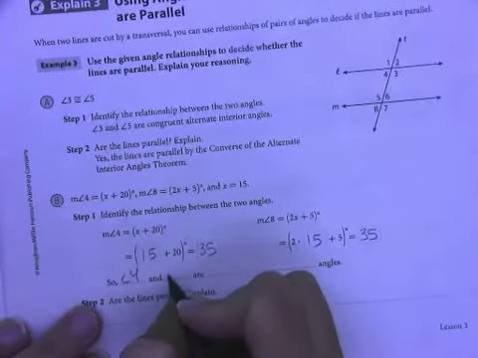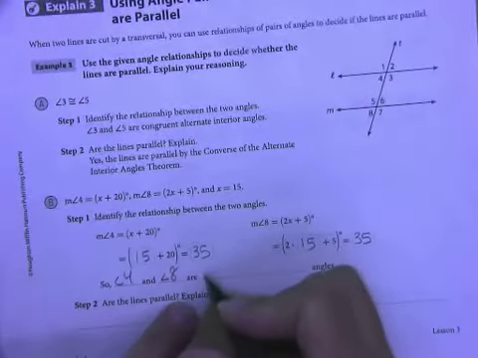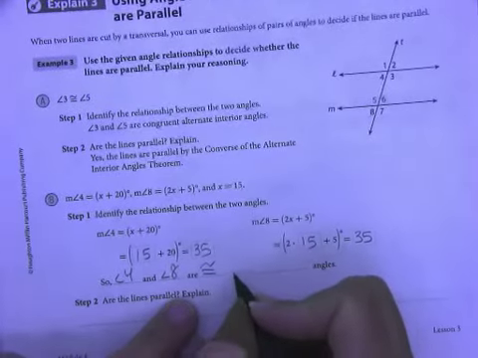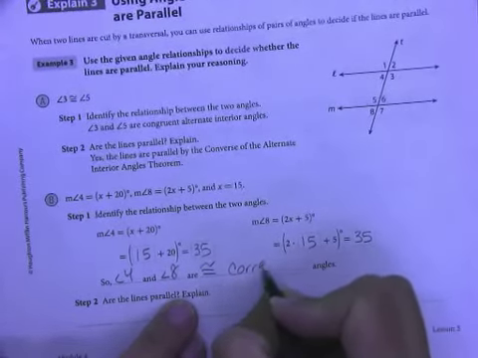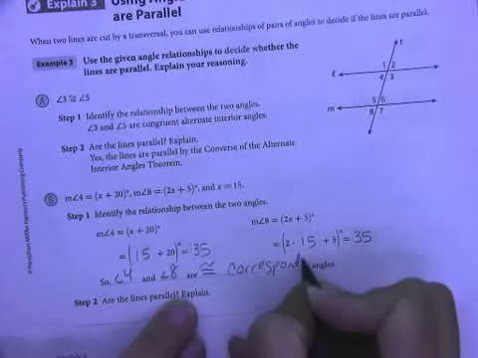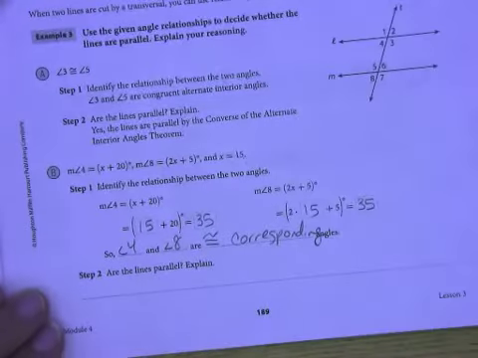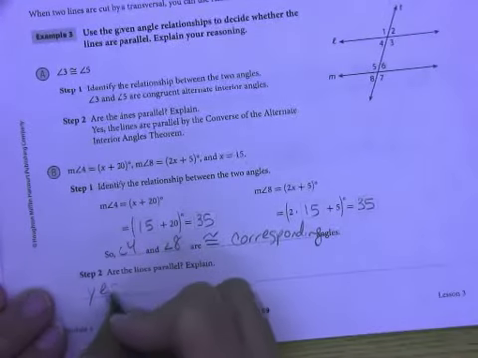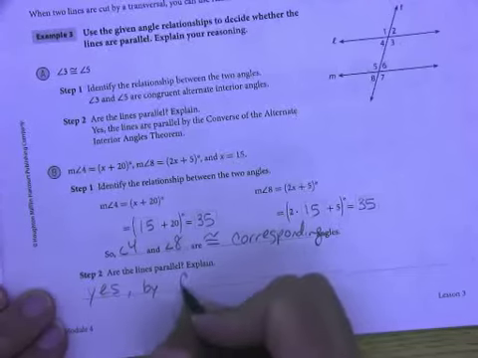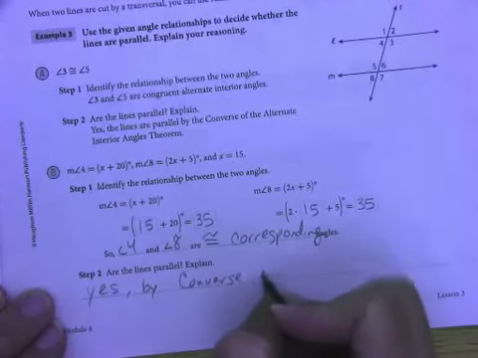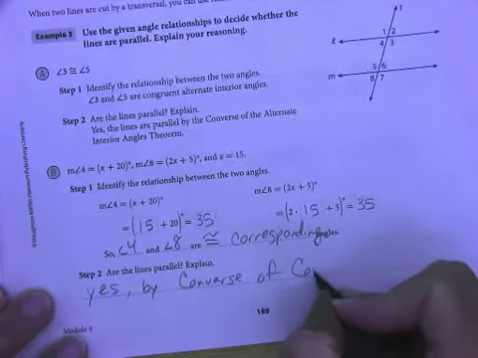And I find that the measure of angle 4 and angle 8 are congruent corresponding angles. Are the lines parallel? Yes. By the converse of the corresponding angles theorem.